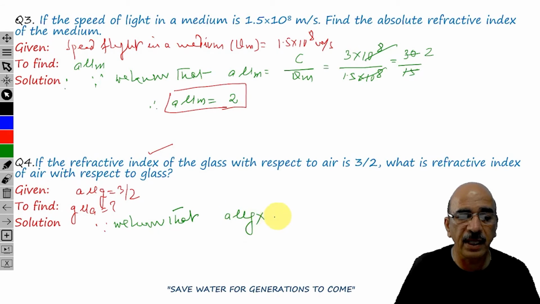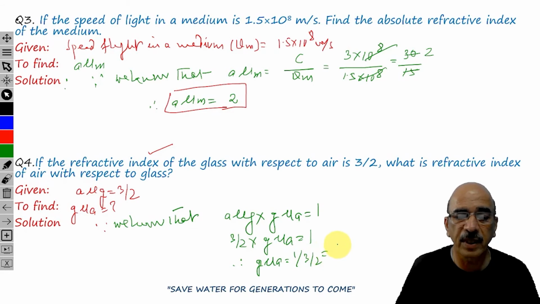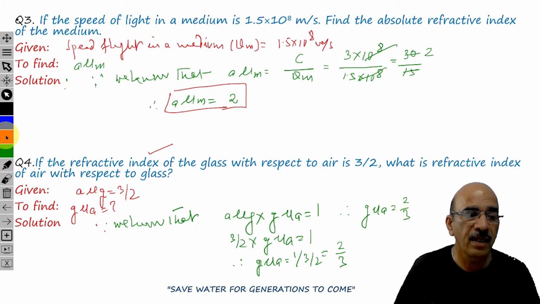A mu G into G mu A is equal to 1. So here A mu G is given as 3 by 2, and this we need to find out. Therefore G mu A will be 1 upon 3 by 2, or 2 upon 3. So the answer is G mu A is equal to 2 by 3.